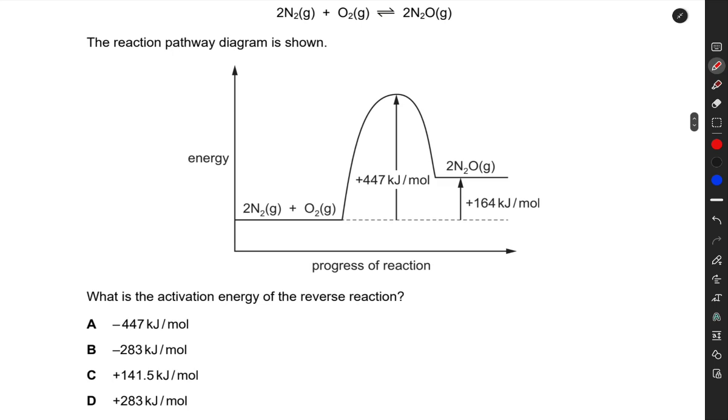This is an endothermic reaction, and what is the reverse reaction? So this is the reverse reaction, and this is the activation energy.